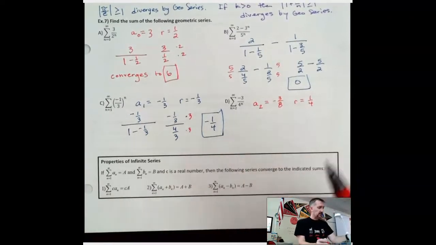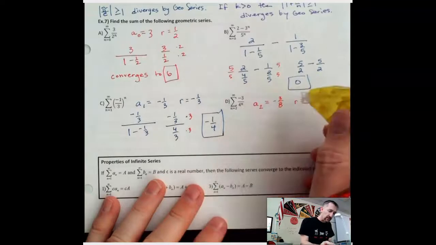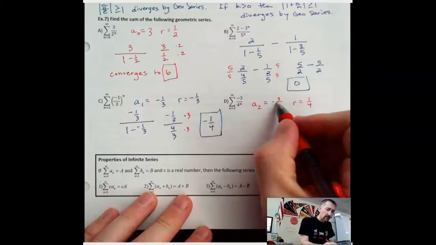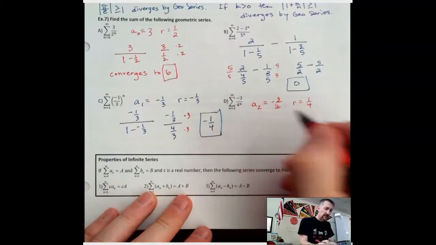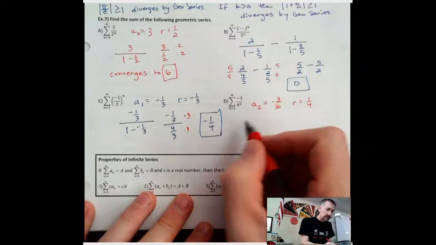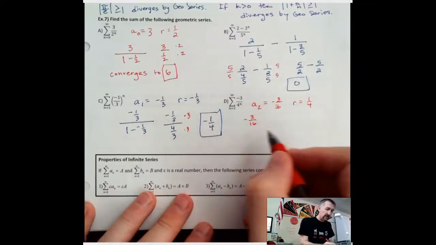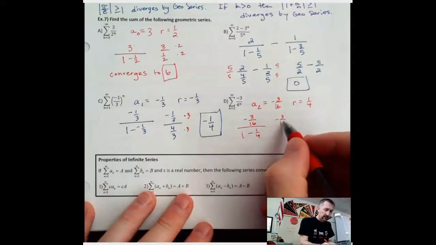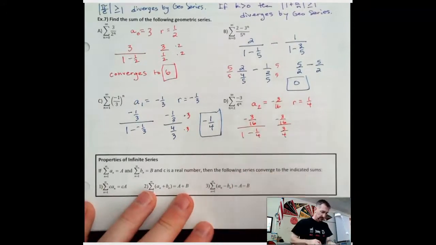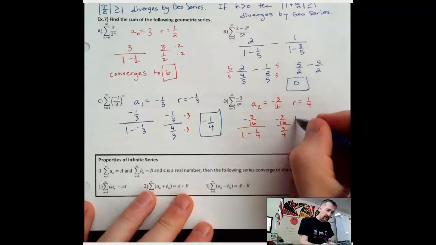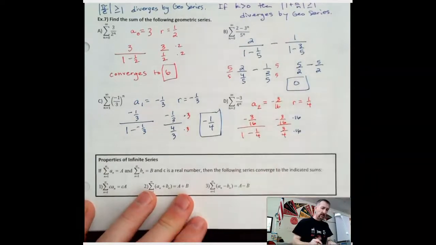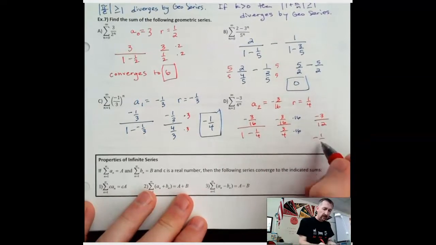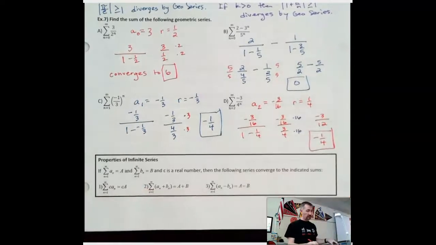That's not 3/8, that's negative 3/16. 4 squared, 4 times 4, 16. So that's going to be negative 3 over 16 over 1 minus 1/4. So negative 3 over 16 over 3/4. We're going to multiply that by 16 and 16. So that's going to give us negative 3 over 12, which is negative 1/4.